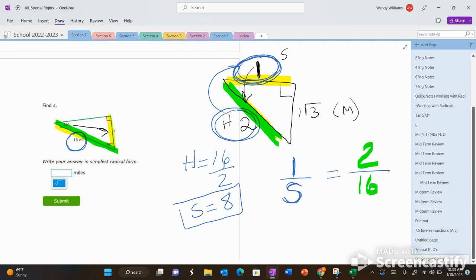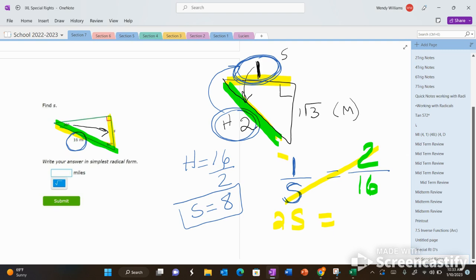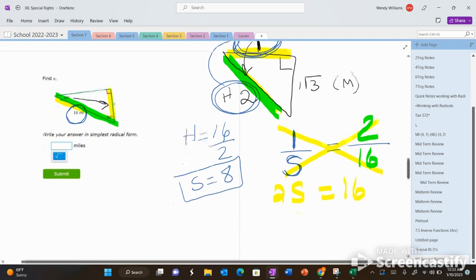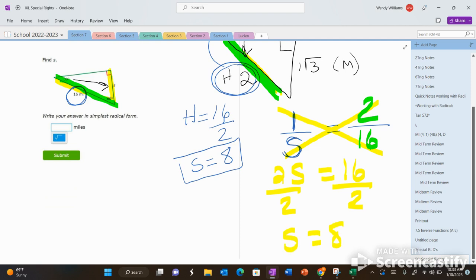Then you simply cross multiply and solve. 2 times s is 2s. 1 times 16 is 16. The small is going to be half the size of the hypotenuse, which is 8.